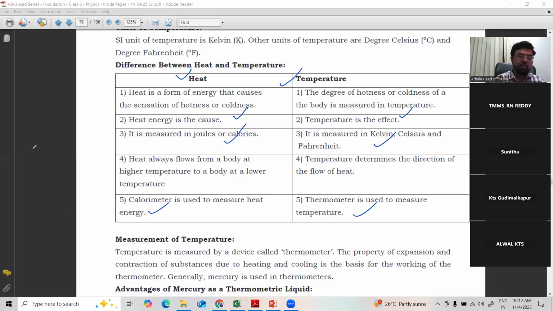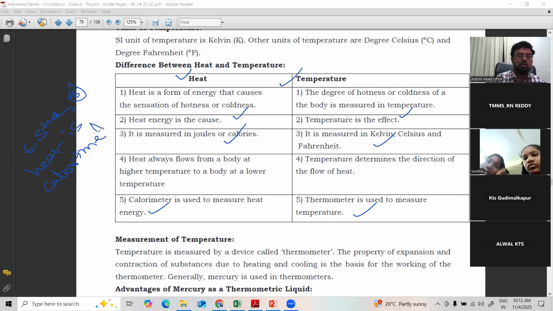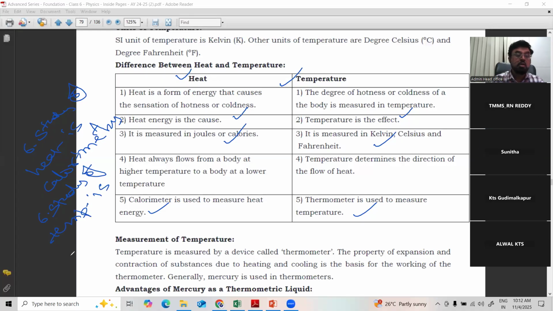You can add a sixth point also. Under heat, the study of heat is called calorimetry. Under temperature, the study of temperature is thermometry.